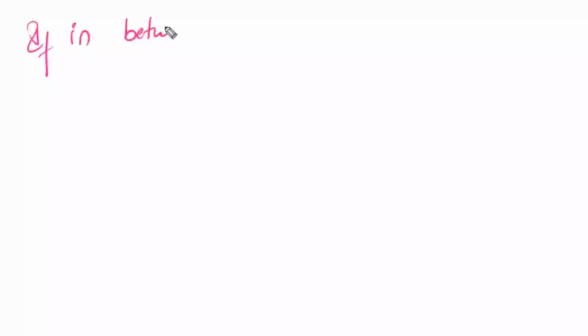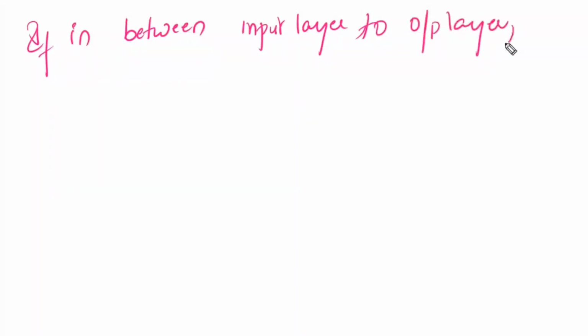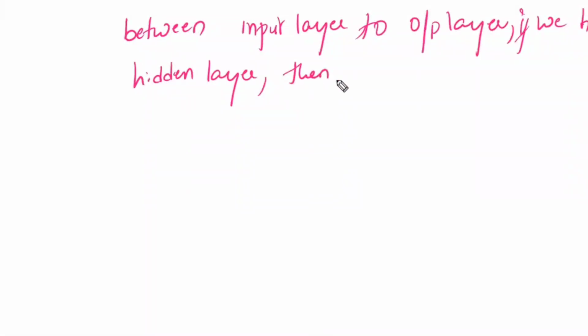Next, if in between the input layer and the output layer we have a hidden layer, then it is called a neural network.